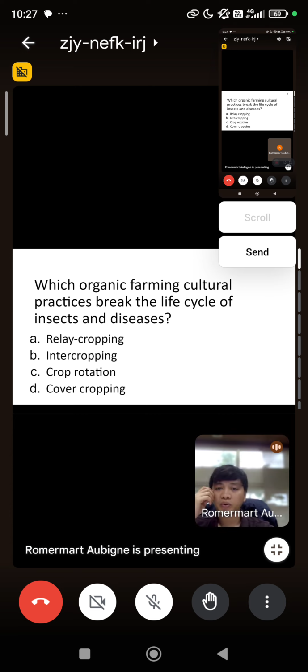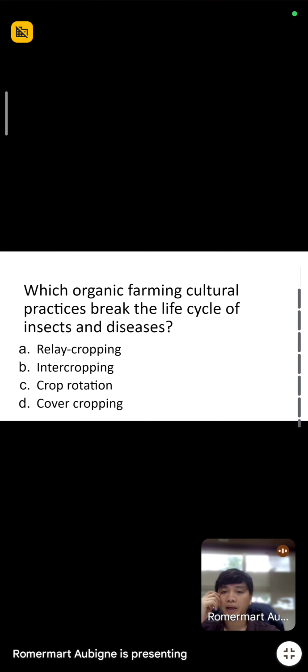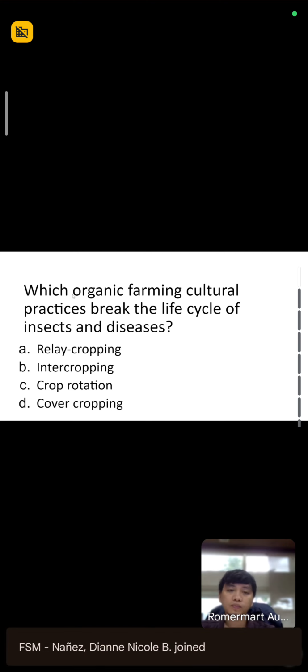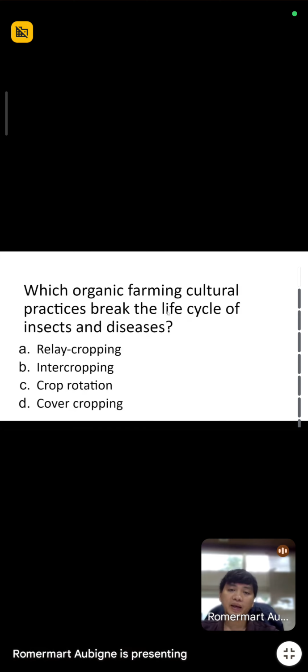Next, which organic farming cultural practice breaks the cycle of insects and diseases? A. Relay cropping. B. Intercropping. C. Crop rotation. Or D. Cover cropping.